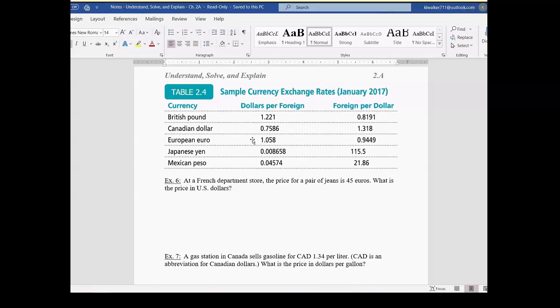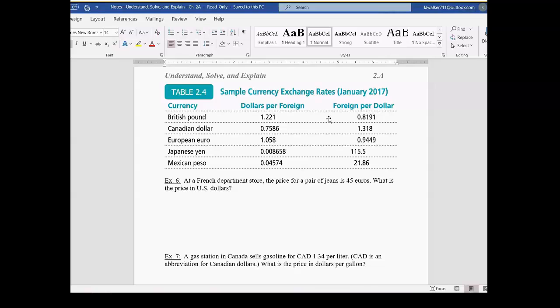That means that it's 1.058 US dollars per euro, meaning per 1 euro. So that's one conversion. The foreign per dollar on the other side is just a different one that you could use. Foreign meaning whatever the currency is you're working with. It should be euro per dollar instead.